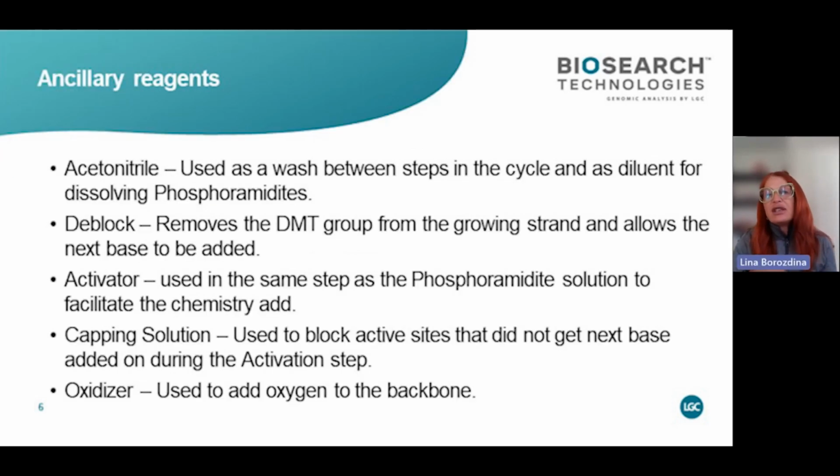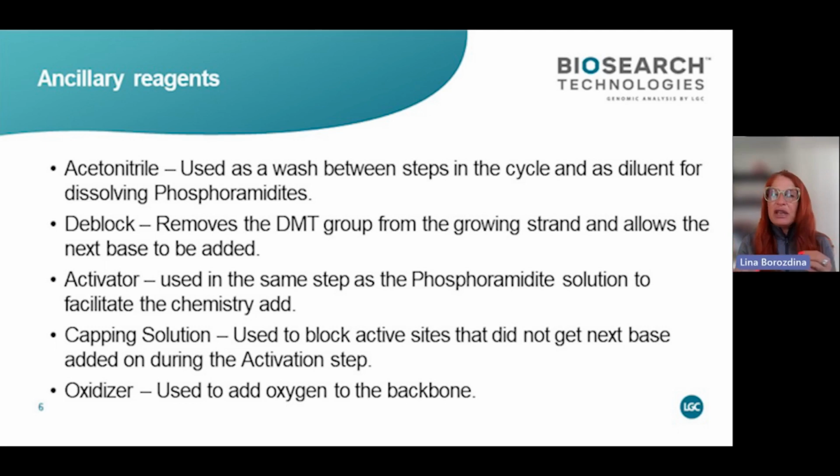Ancillary reagents. As I showed you through the cycle, we do need certain chemicals to push the reaction through. Acetonitrile is a single base solvent. It is used to wash between the steps and as a diluent for dissolving phosphoramidites. Deblock, which is the acid. It has multiple different variations, but what it does is remove the DMT group from the growing strand and allow the next base to be added.